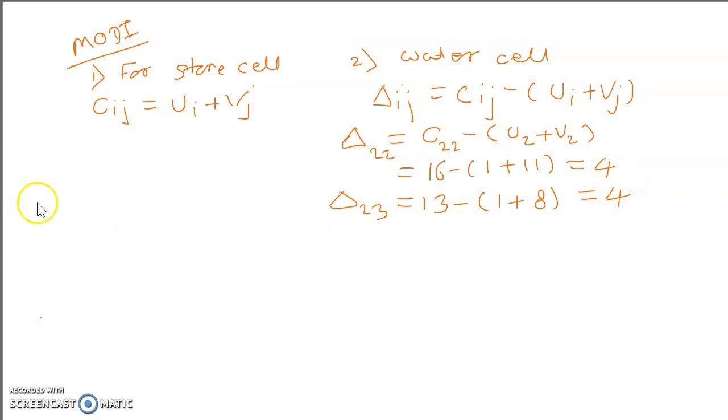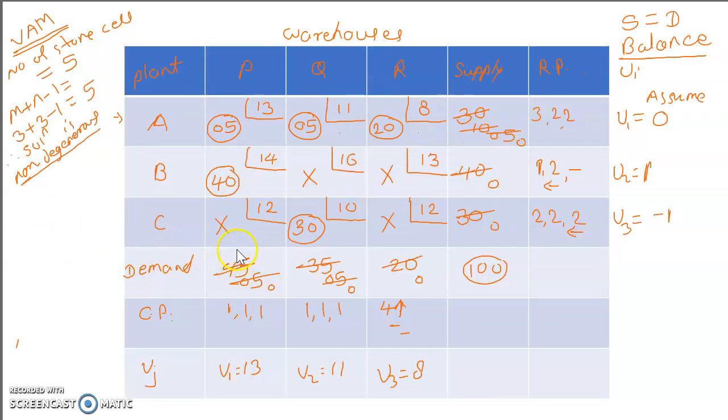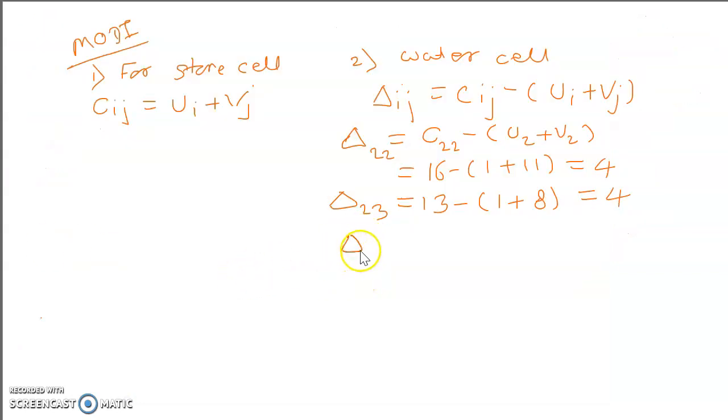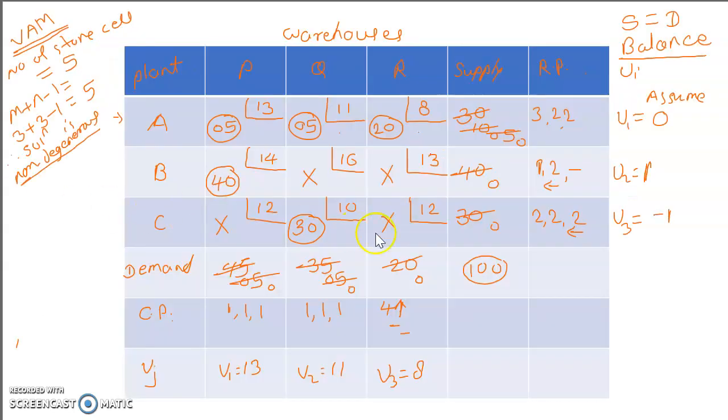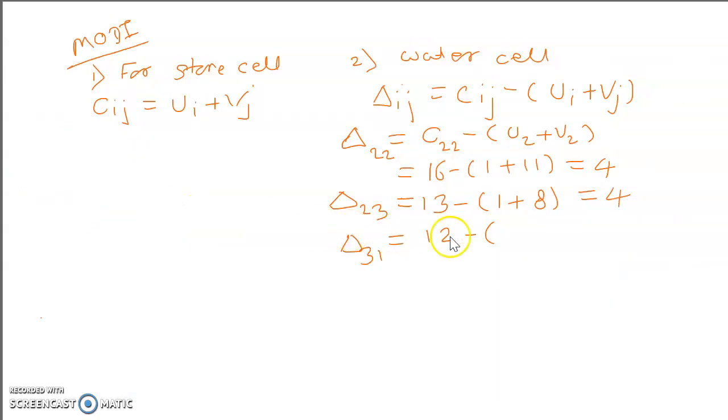Then proceed to the next water cell, that is 3,1. C is 12 minus the value of U3, which is minus 1, and V1, which is 13. So minus 1 plus 13 is 12, and delta 3,1 is 0.